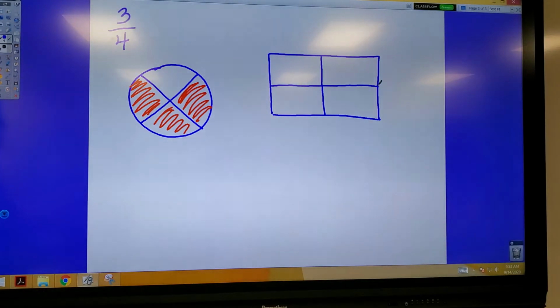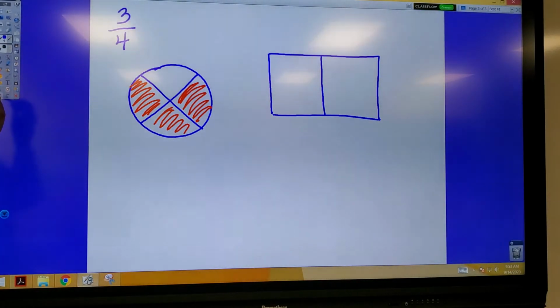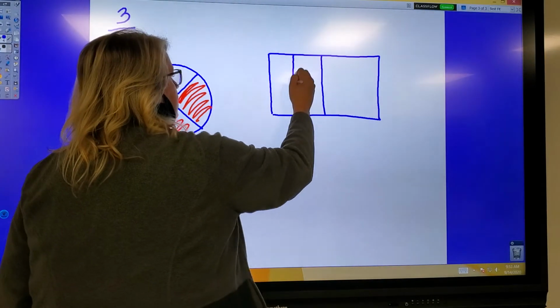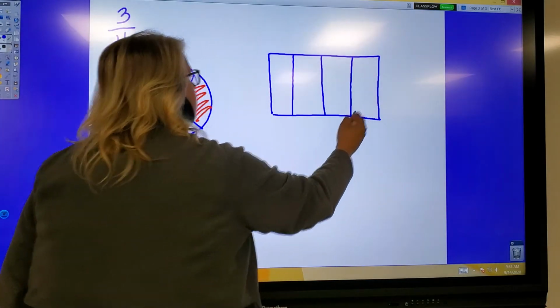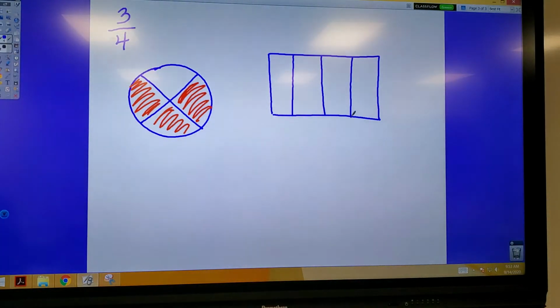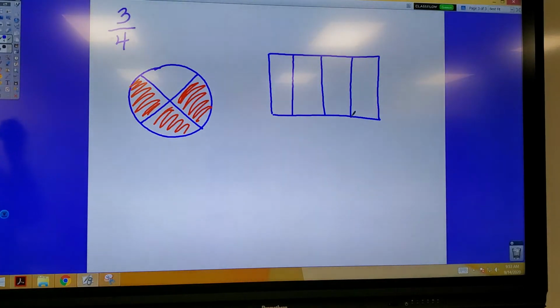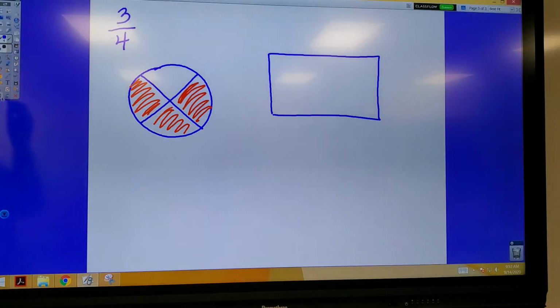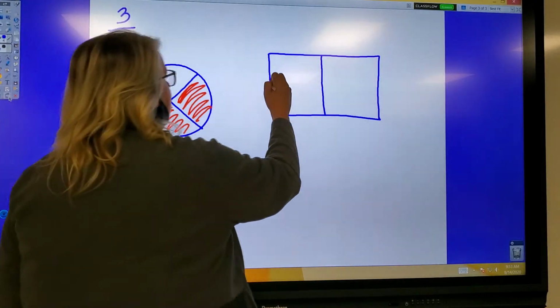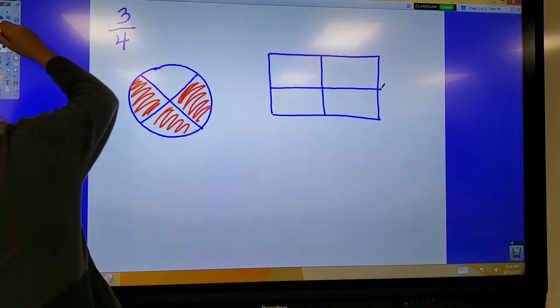That would be 4 equal pieces, correct? Could I do it like this? Would that be okay? Yeah. All right. So again, we know it's not perfect, but that would still get me 4 equal pieces. All right. So it's totally your decision on what you prefer to make it look like. I like this one, I think, the best. And again, you would just color in 3 of them.